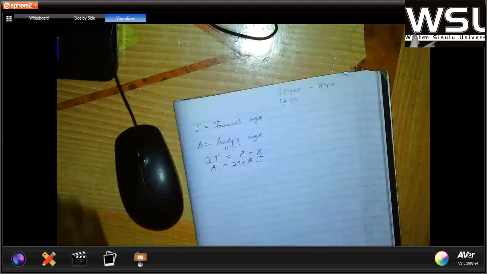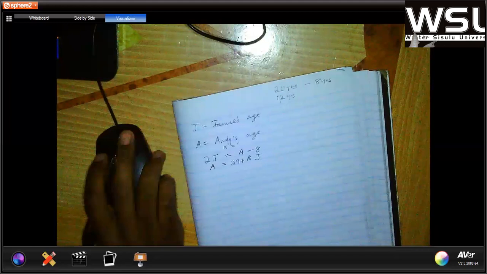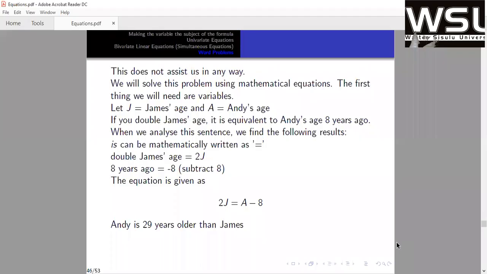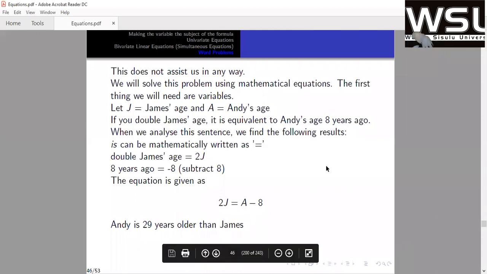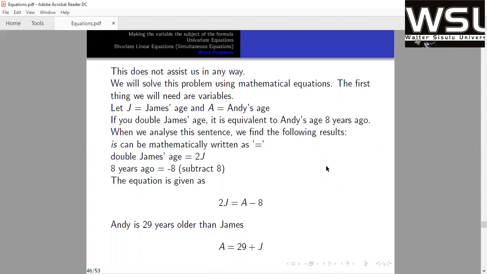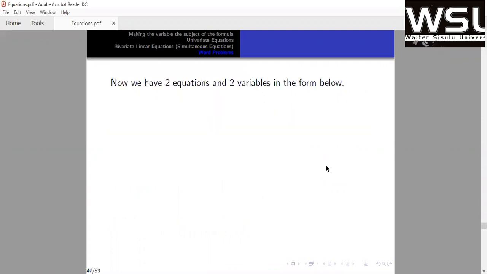Now, again, let's go back to the slide. So, of course, then we have this. And now these are two equations with two variables.